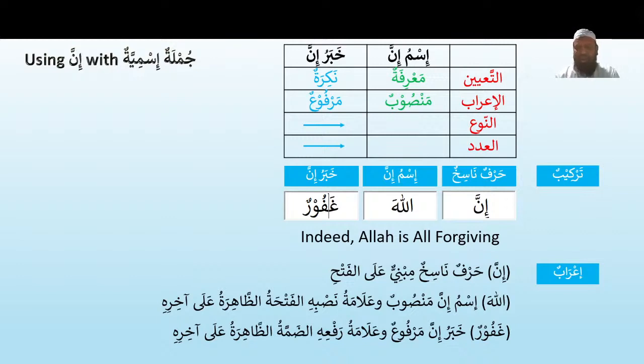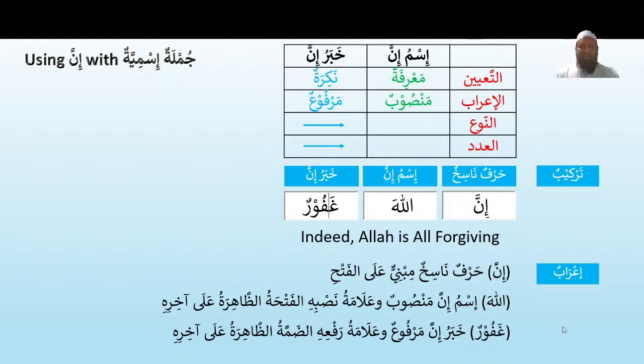لفظ الجلالة اسم إن منصوب. Now what is the sign of منصوب? وعلامة نصبه الفتحة الظاهرة على آخره. Why آخره? Because we see it at the end. Why الظاهرة? Because it's clear, we can see it. It's visible. ظاهرة means visible. Fatha obviously is fatha.